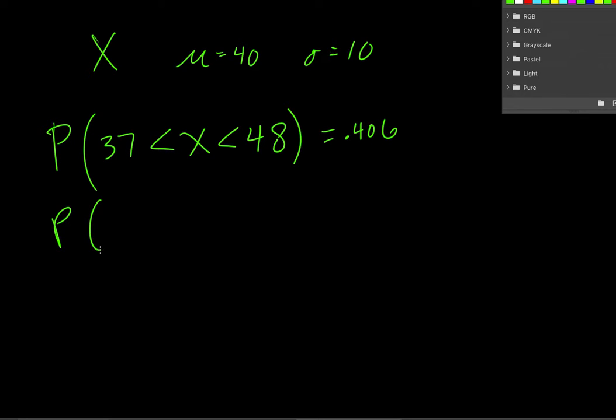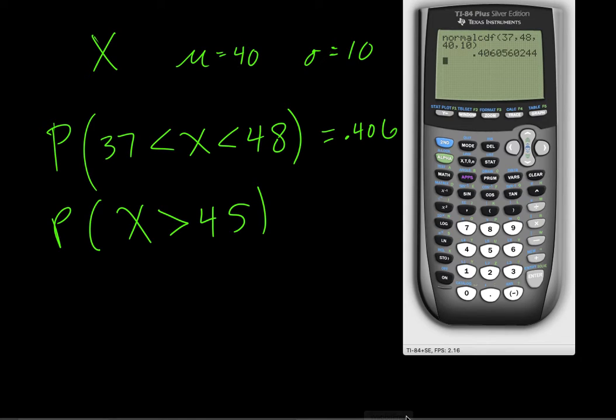Okay, the next one we're doing, we want x to be greater than 45. So we go back, and I'm going to do a trick. I'm going to go second entry, and that's going to put in what we just had. And I'm just going to delete everything, I guess. Maybe this isn't faster.